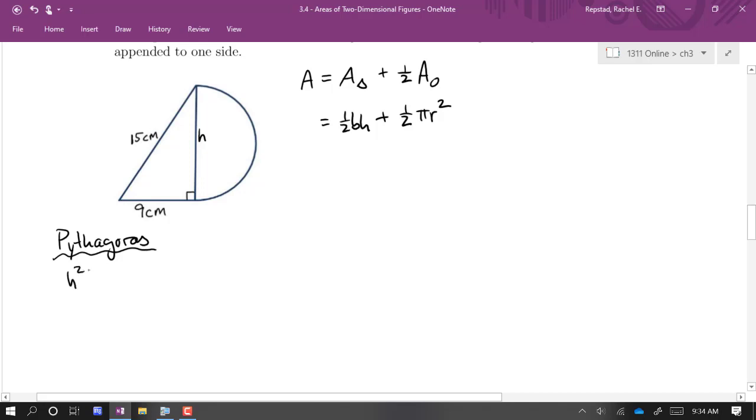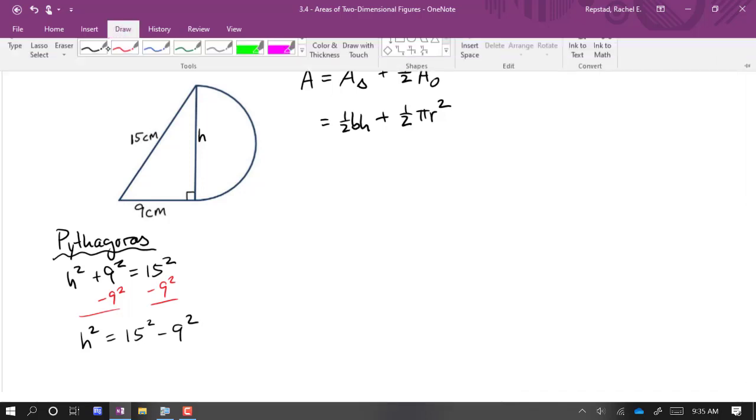So we know that h squared plus 9 squared is equal to 15 squared, which means that, if we subtract, we get h squared is 15 squared minus 9 squared. And then we'll take the square root.